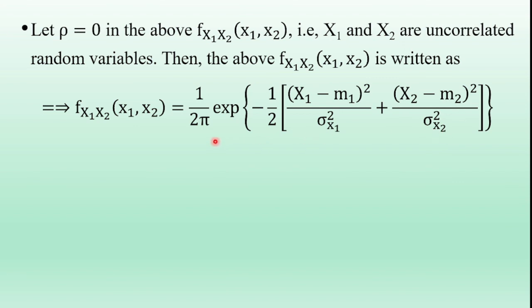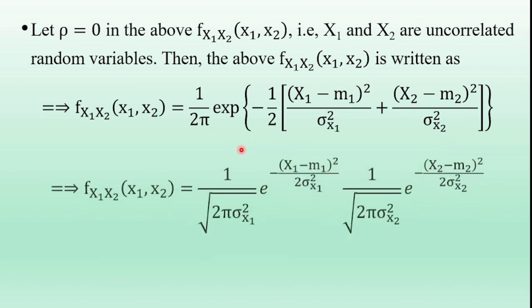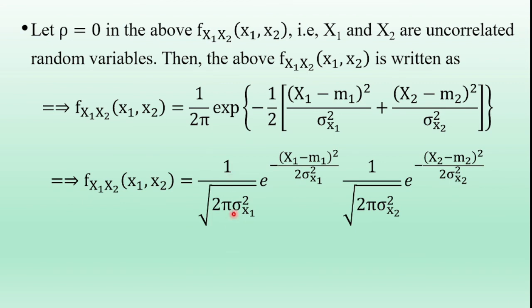So the RHS term of this equation is also written as 1 by square root of 2 pi sigma x1 square, e power minus (x1 minus m1) whole square by 2 sigma x1 square, into 1 by square root of 2 pi sigma x2 square, e power minus (x2 minus m2) whole square by 2 sigma x2 square.